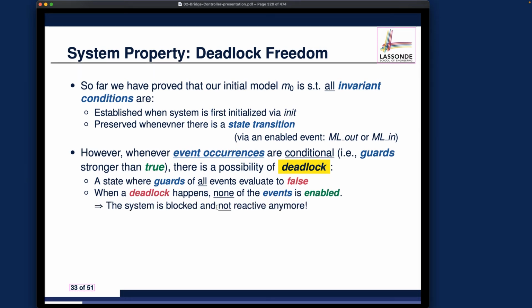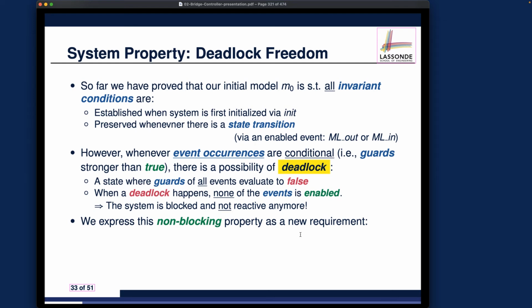So that means your system is blocked and it's not reactive anymore, which would be very ironic for a reactive system. If you really build a reactive system, you want it to be reactive to the outside world all the time. But if suddenly it stops reacting to any outside stimuli, you definitely would not want such a property to be violated. So you definitely want your system to be deadlock free.